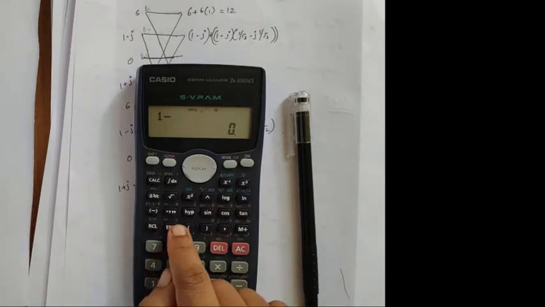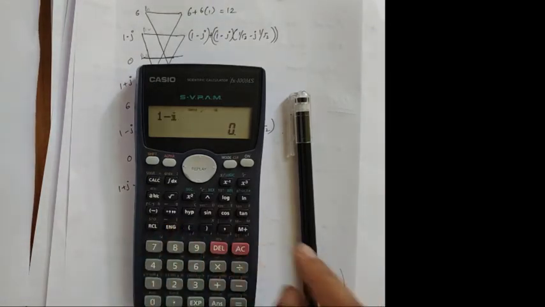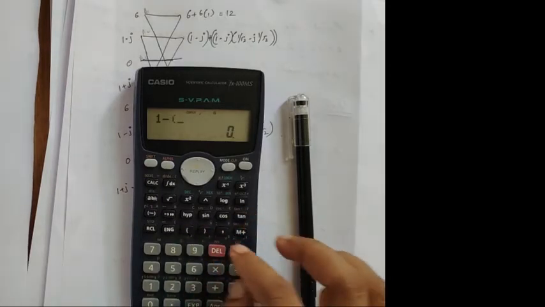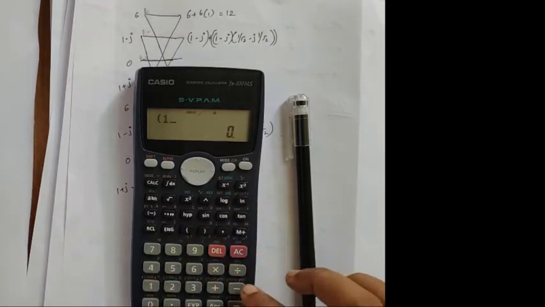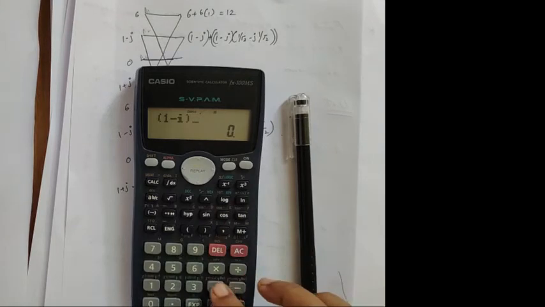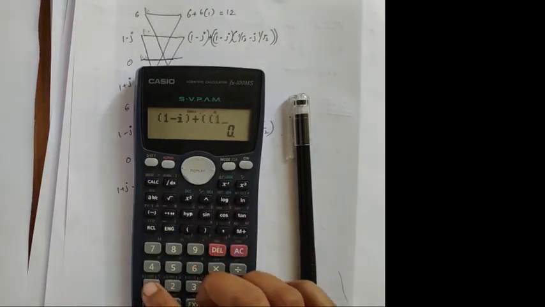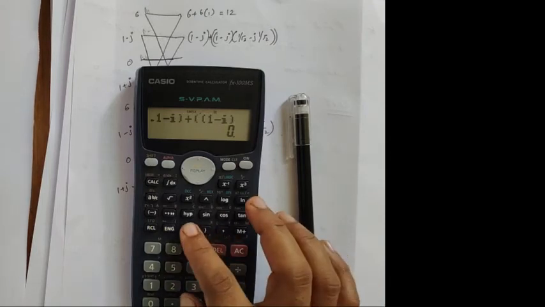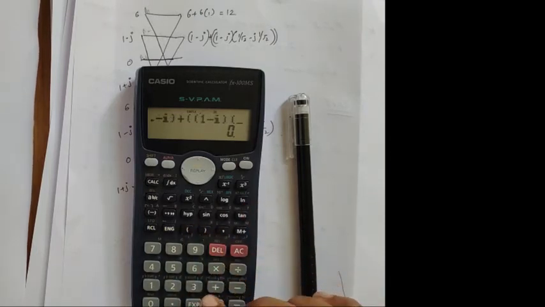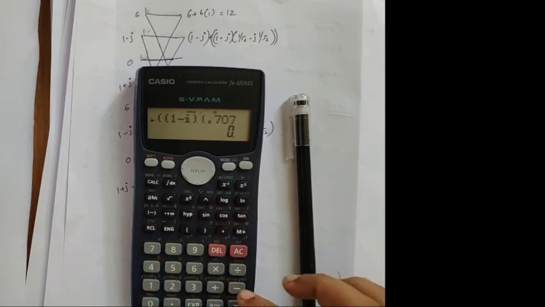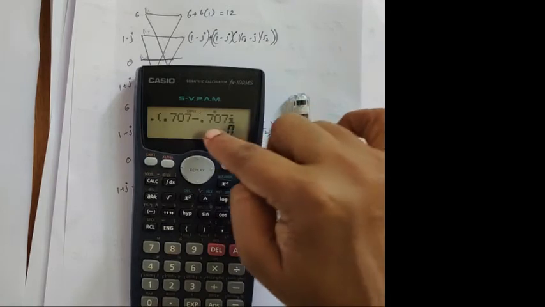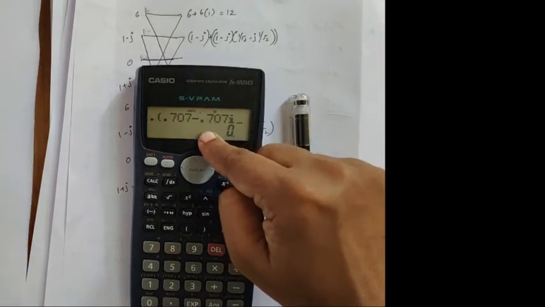Here, as you are giving it in the complex mode, directly it will come as I, so 1 minus I bracket close plus double bracket 1 minus I close, one bracket, another bracket. 1 by root 2 is nothing but 0.707 minus 0.707 I. Don't give the j term in front of the second term, the imaginary part.